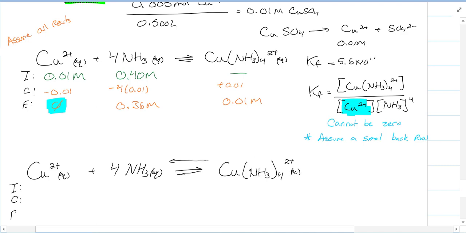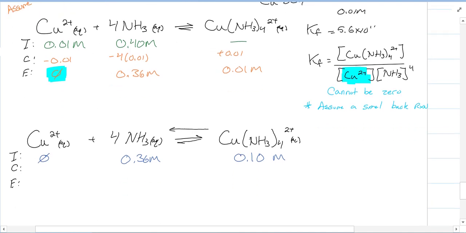Another ice table. So initially I'm going to have 0.01 molar copper ammonia complex. I'm going to have 0.36 molar ammonia and no copper 2.